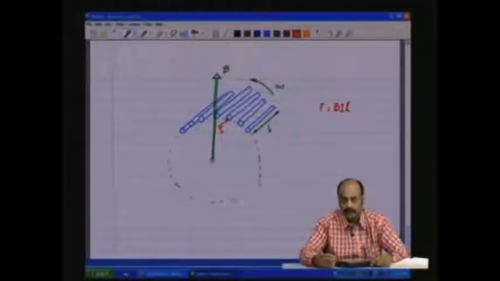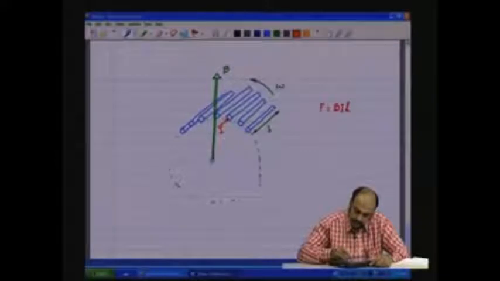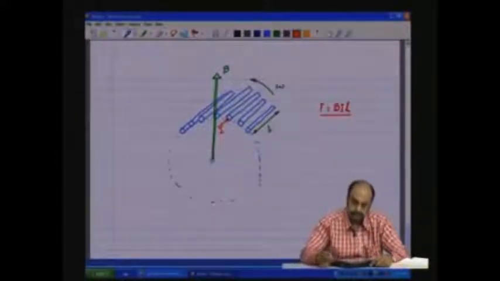Now, what causes the current in the conductors? That is by Faraday's law.